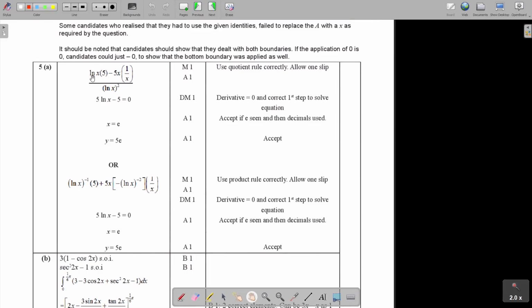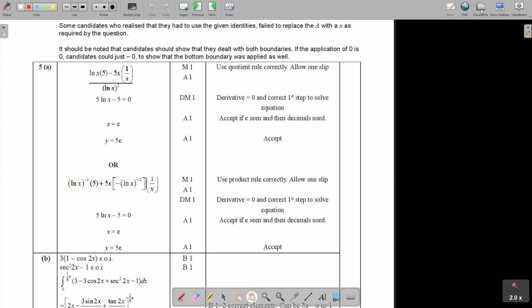Now, as I said, they gave you a mark for that step. If I go back, they gave you a mark for this step. And then if you come to that equal to 0, which we did there, another one. So actually 2 for that quotient rule, and then 1 and 1 for that, for the x and the y.